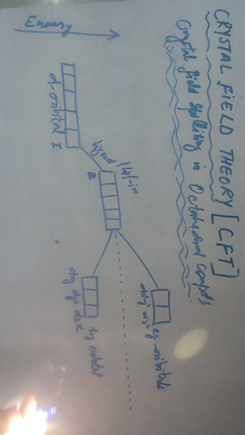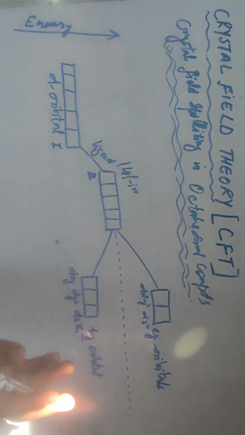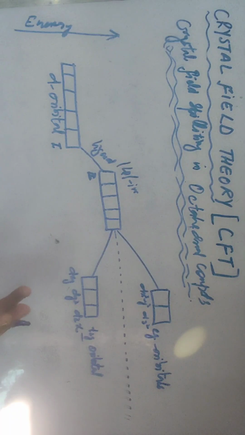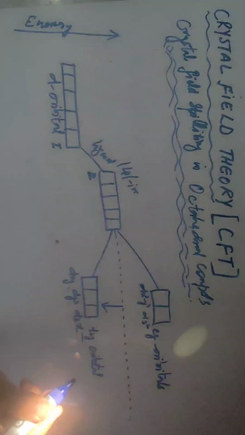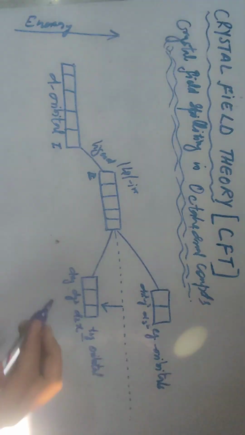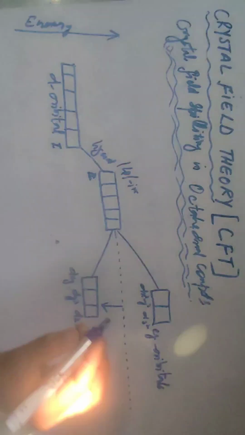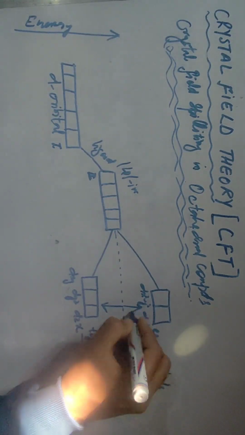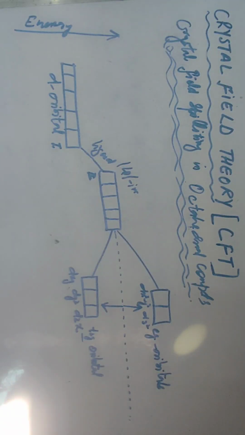So what actually happens is there is a change in the energy due to the presence of the ligands. The T2G set is present on the equatorial positions, that is, between the ligands, so the energy of this set decreases, while the EG orbitals are present head to head with the ligands on the axial positions, so the energy of this set increases.